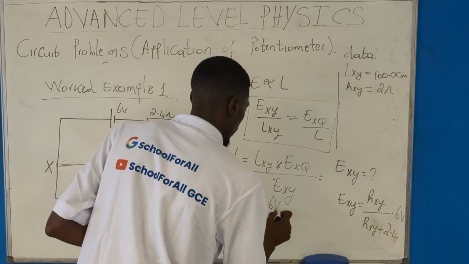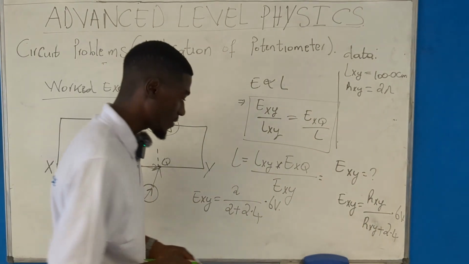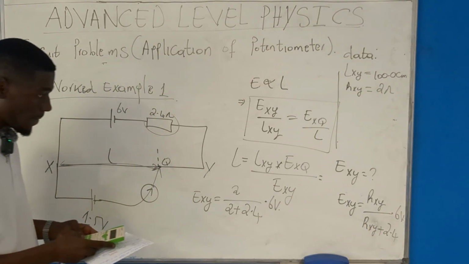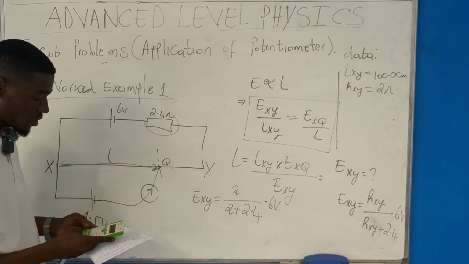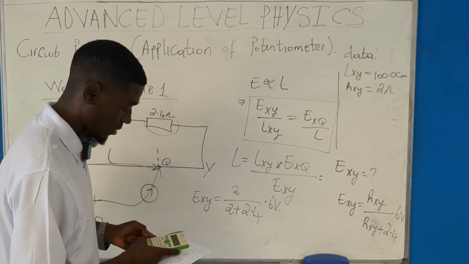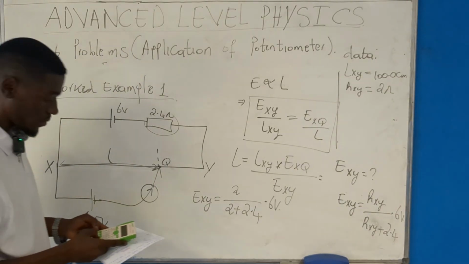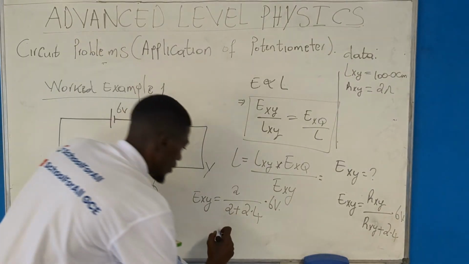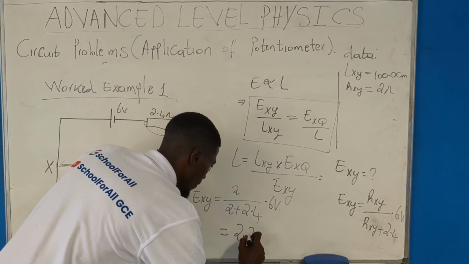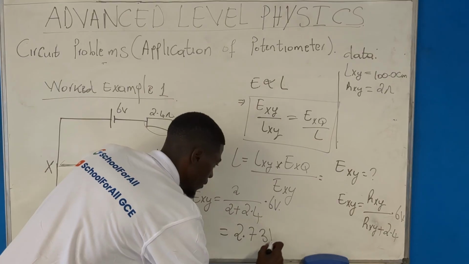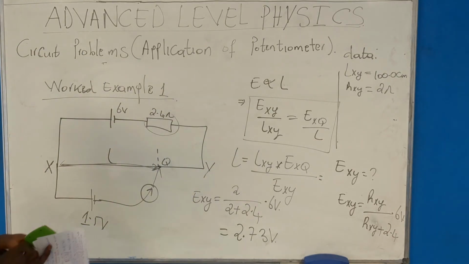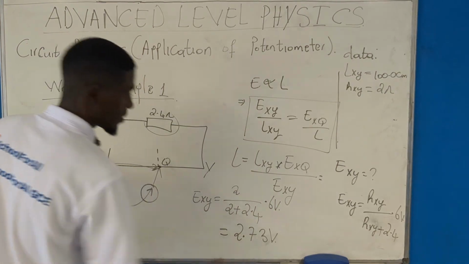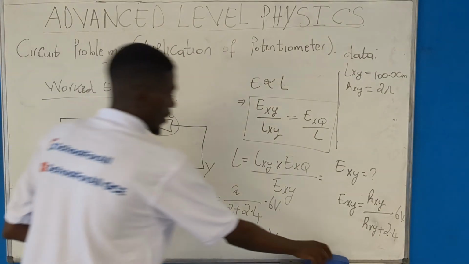After numerical application, we have 2 divided by (2 plus 2.4), times 6. So our answer is 2.7 volts. This is the EMF across XY, 2.7 volts.